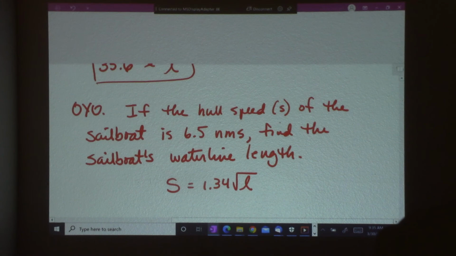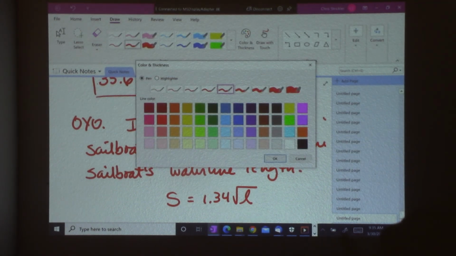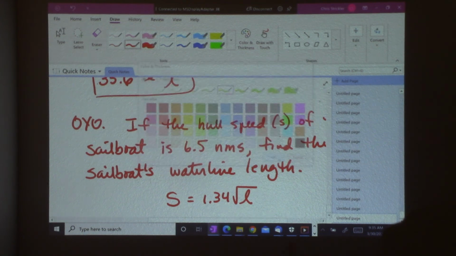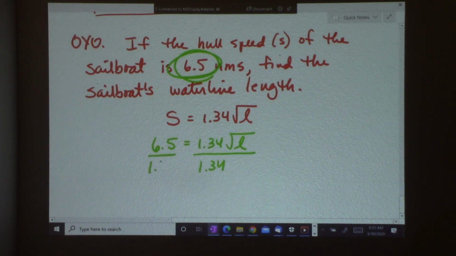Okay, I'm going to change colors again because I can. Let's do green. All right, so 6.5 is my speed. I put that here. To solve for L, I'm going to divide by 1.34.